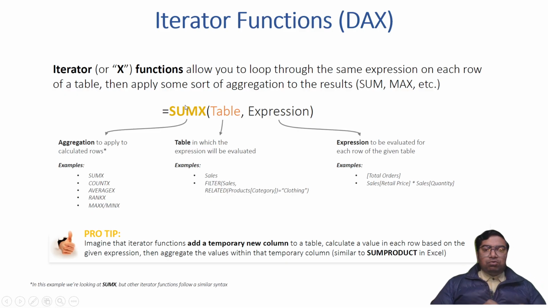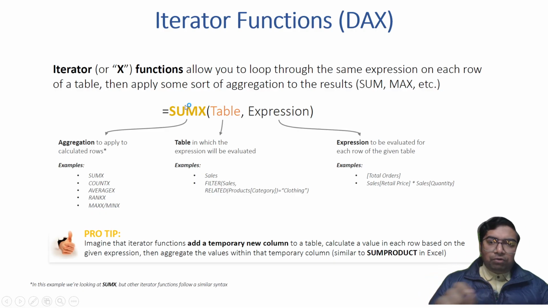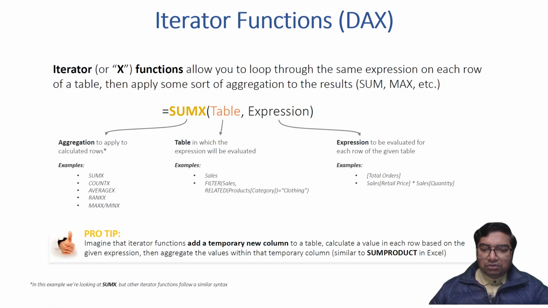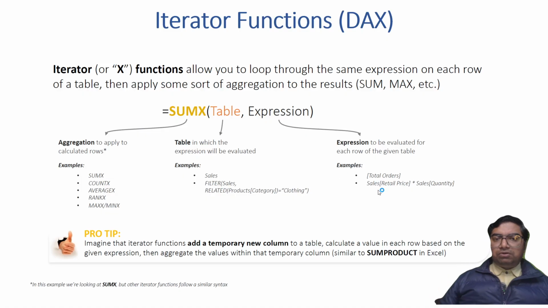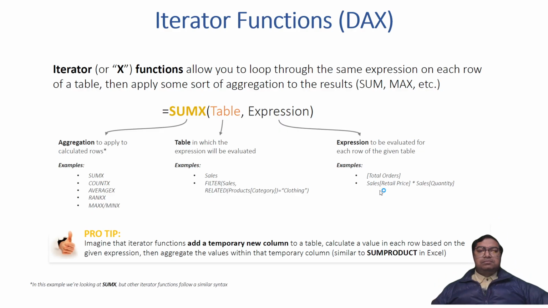It means if we need to filter or calculate row by row, then in that condition we require SUMX. What is its syntax? It's simply SUMX, the table name where you want to do the calculation, and the expression that is required. Now I am giving one example here: sales times sales quantity, right? So let's try to calculate that.